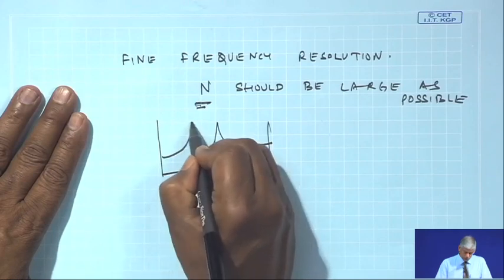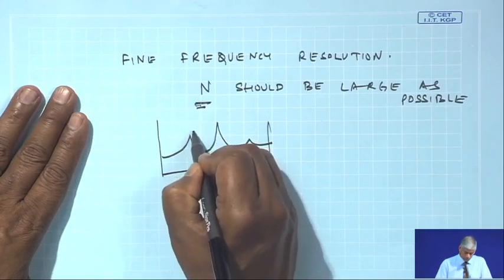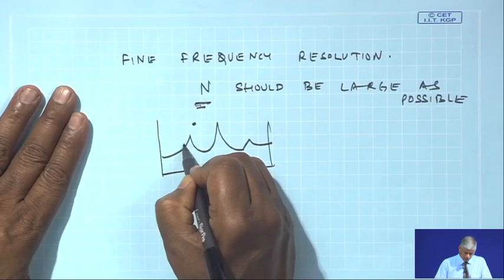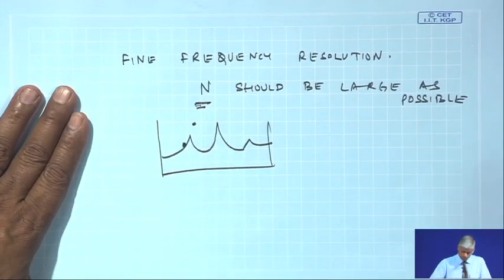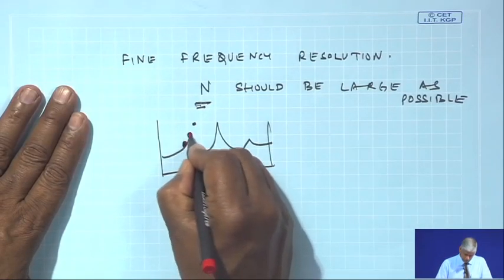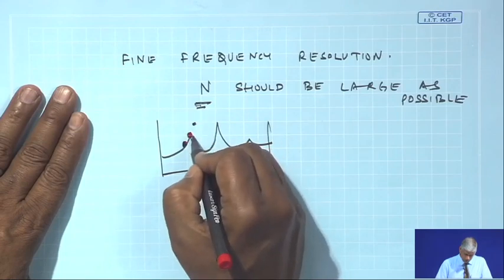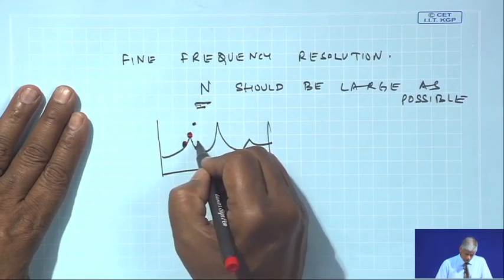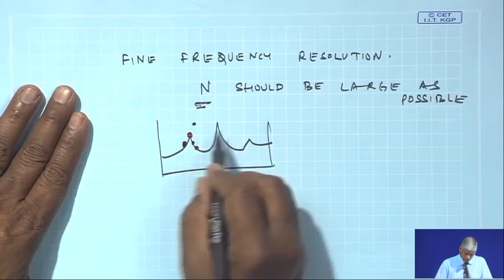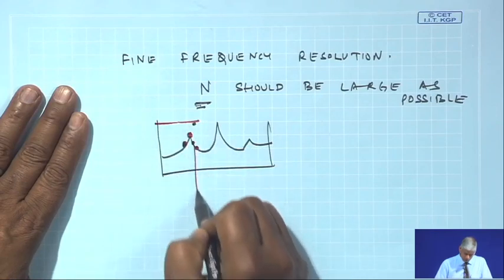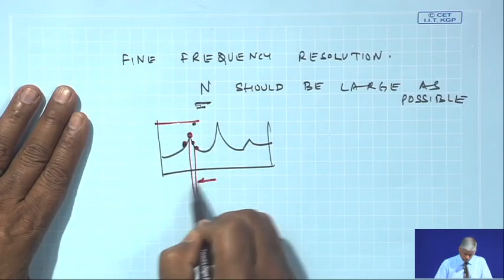Otherwise, I may miss. If the peak is somewhere here, I will miss it. I am sampling here, here. I may have missed this peak and wrongly represented it as this. But right amplitude was here because this was not available to me.